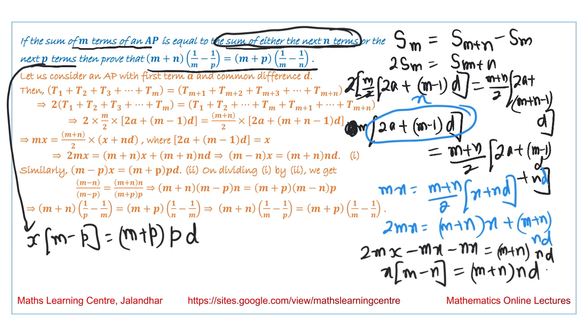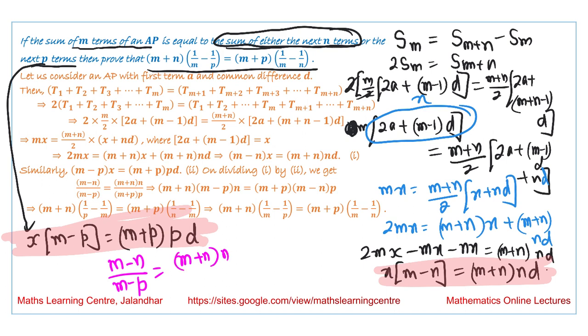Now we have two equations, equation number 1 and equation number 2, and if we divide both these equations, we obtain (m minus n) over (m minus p) is equal to (m plus n) into n divided by (m plus p) into p.